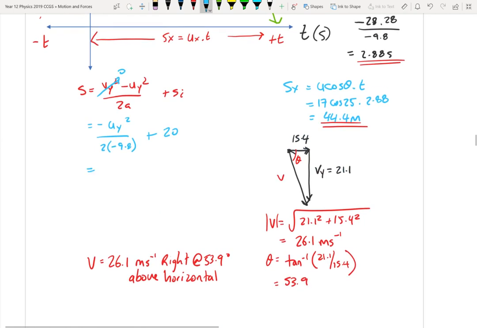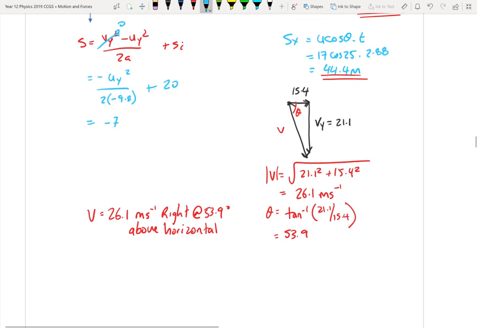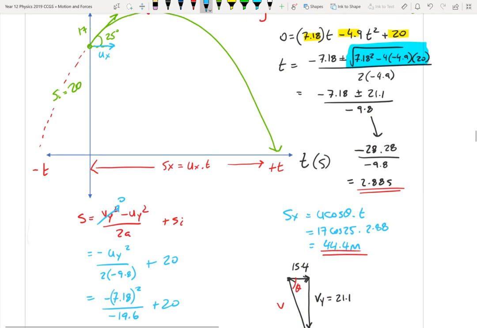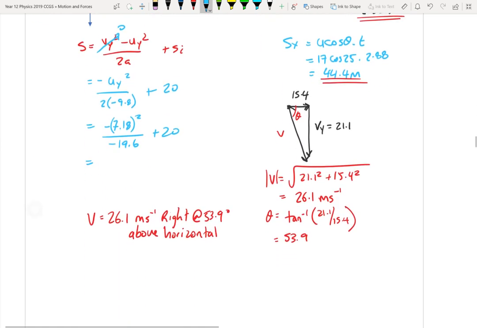What was Uy? Someone said it was 7.18. Would somebody mind telling me what the total height off the ground is? 22.6.